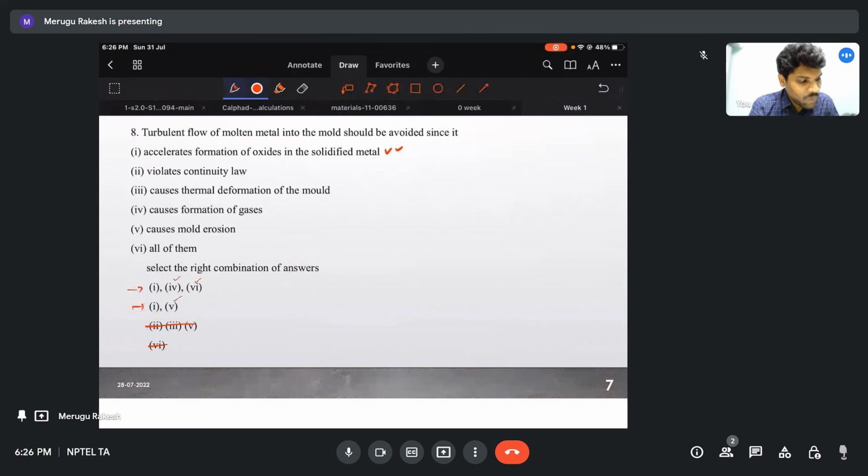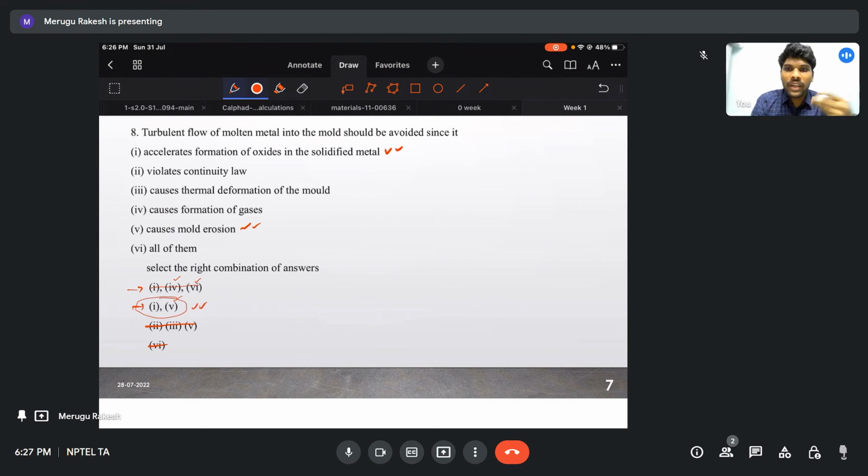If I go to option 5, it causes the mold erosion. Yes, true, it causes the mold erosion. That is a true option, and it is not there in option A, so I can neglect this. So the correct option is 1 and 5.